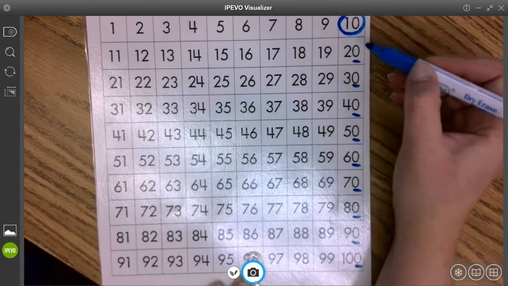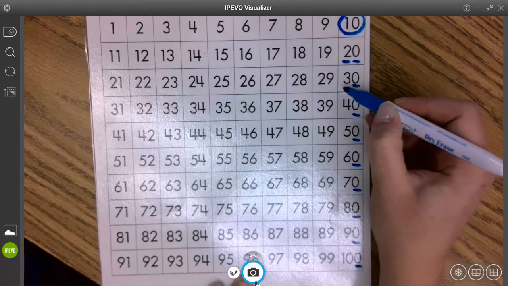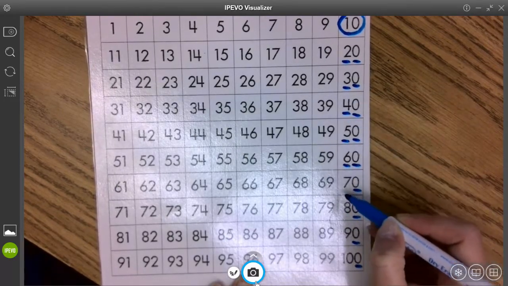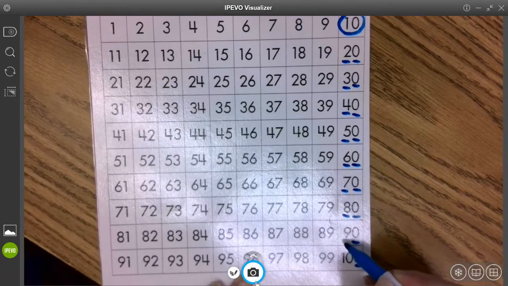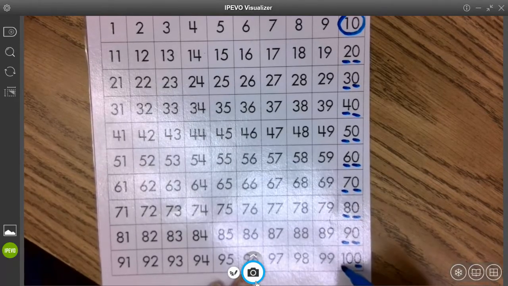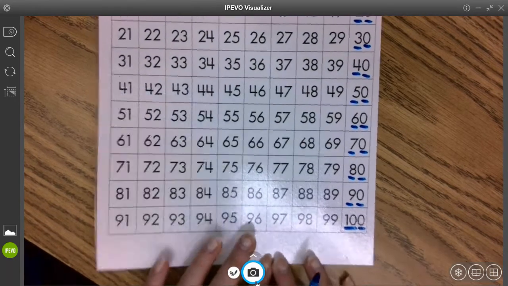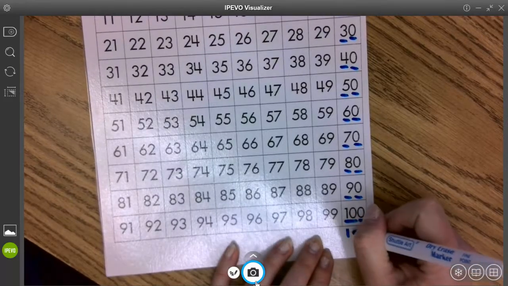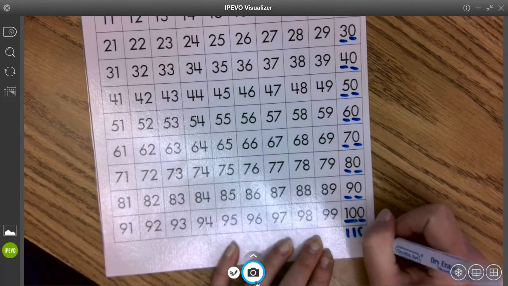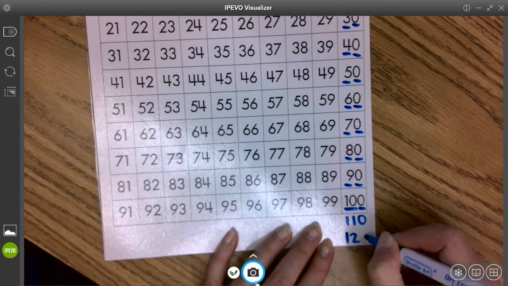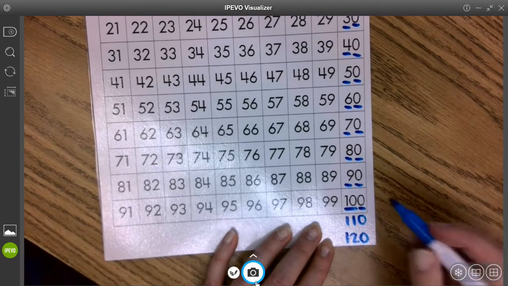So I have 1 ten, next I have 2 tens, 3 tens, 4 tens, 5 tens, 6 tens, 7 tens, 8 tens, 9 tens, and then I made 10 tens, which we give a new name, 100. Okay, I could even go to 11 tens and my ones would still be at 0, or 12 tens and my ones would still be at 0.